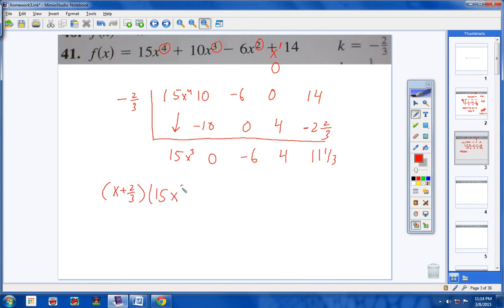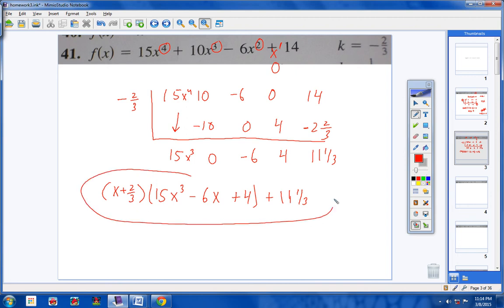Now, you're welcome to put 0x squared, but you don't need to. So next is negative 6x, then plus 4, then close your parentheses, then plus the remainder. There, you did it. That's all they want you to do. They're trying to teach you or remind you that you can take your divisor times your quotient, plus the remainder, and get what you started with.